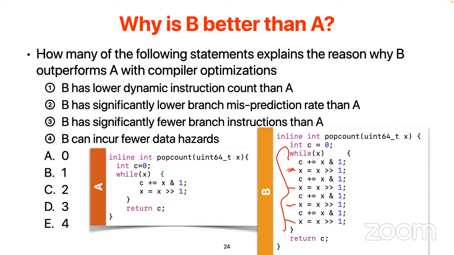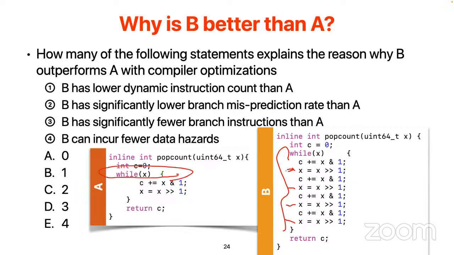Okay, and a lot of you believe it's 3, significantly fewer branch instructions. Why is that? Why do we have significantly fewer branch instructions? Right.